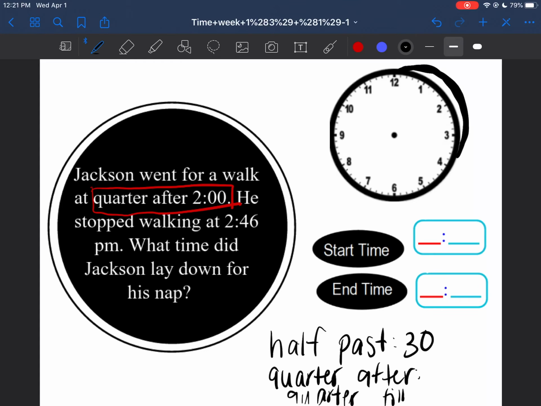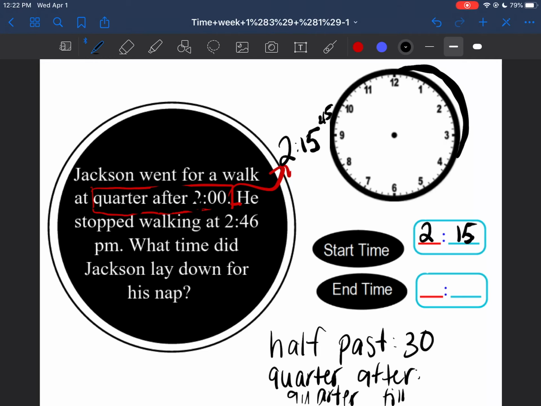So it is 15 minutes after 2. So I'm going to write that over here so I don't forget what quarter after means. It is 2:15, quarter, 15 minutes after 2. Quarter till is 15 minutes until the next hour, so that would be 45. But we're not talking about quarter till, we're talking about quarter after. So our start time, the time Jackson started his walk, was 2:15.